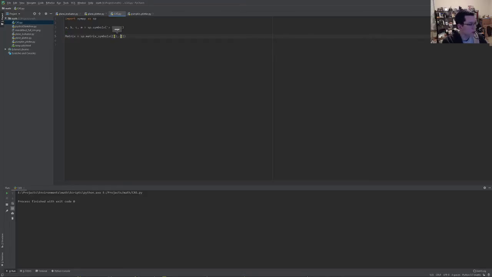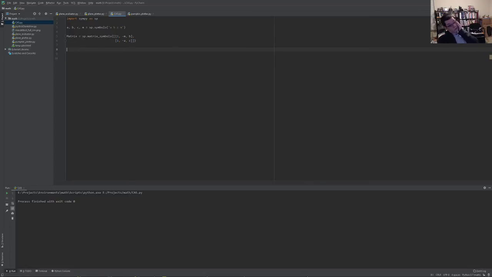This one's going to be 1, negative M, B, and then 1, B, negative A, C, and then can I SP dot RREF?